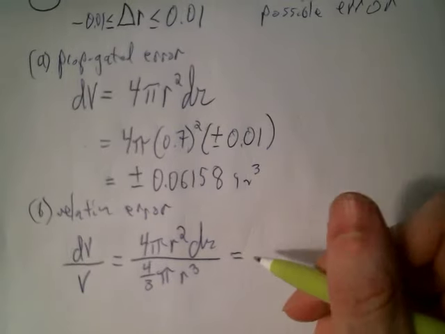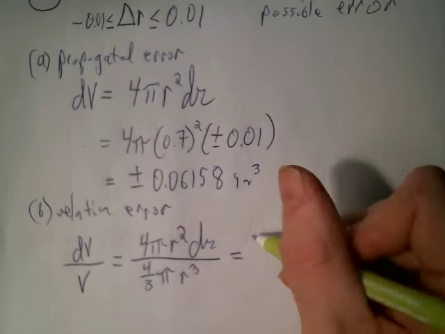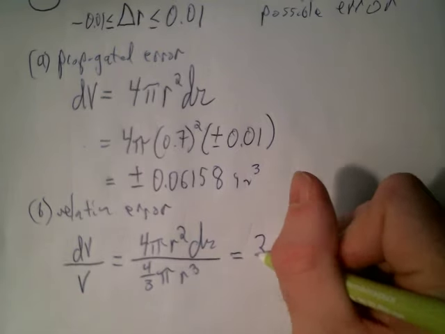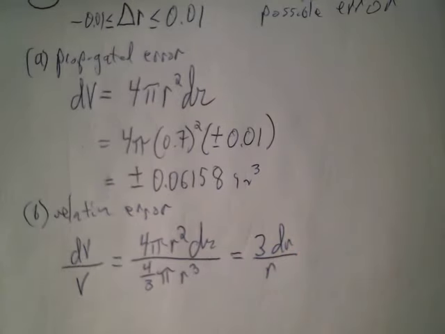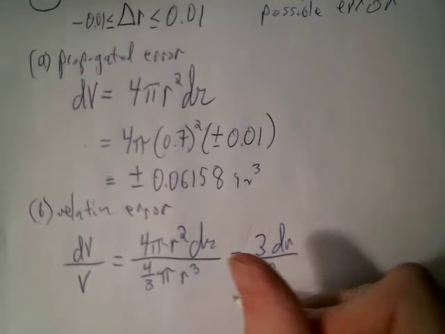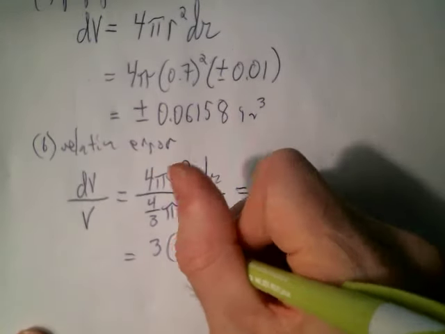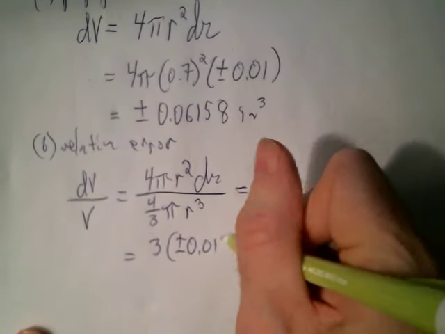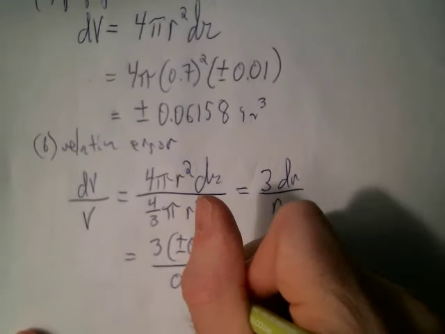And simplifying, 4 divided by 4/3 is 4 times 3/4, so that would be 3. The pi's are gone, dr all over r. Substituting in the values, we have then 3 times delta r, which is plus or minus 0.01, all over our r value, which is 0.7.